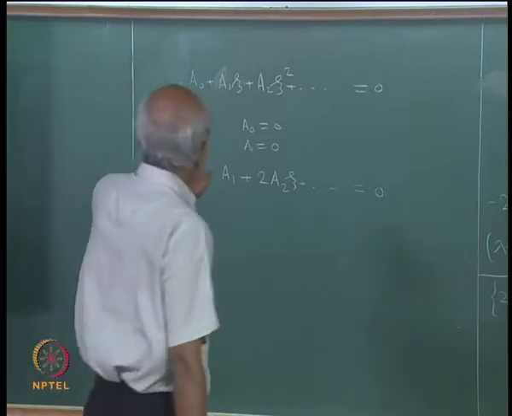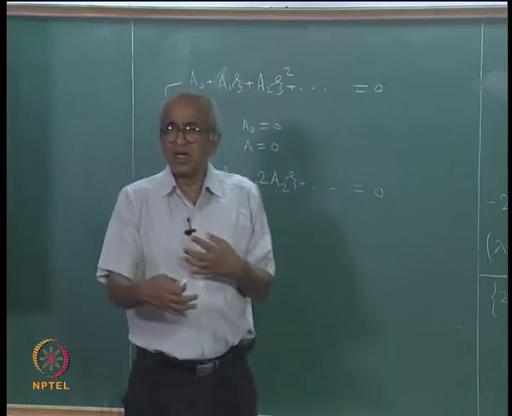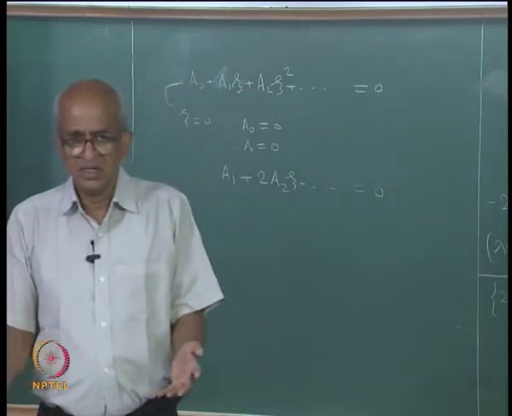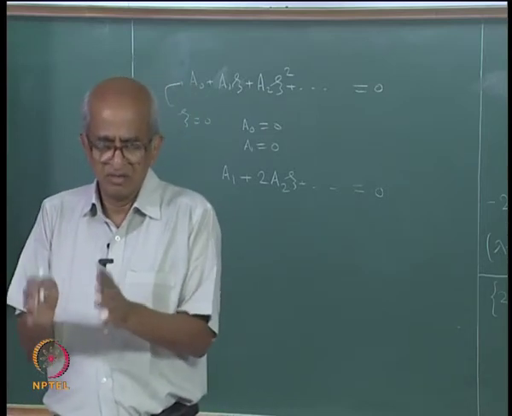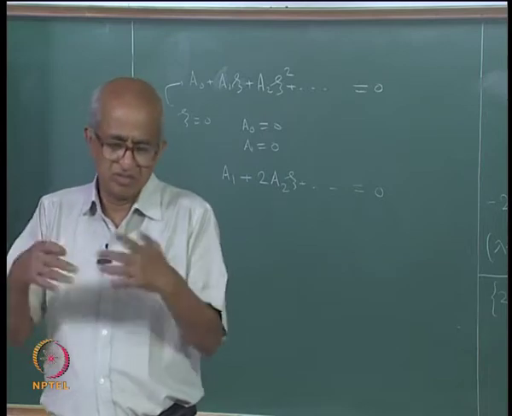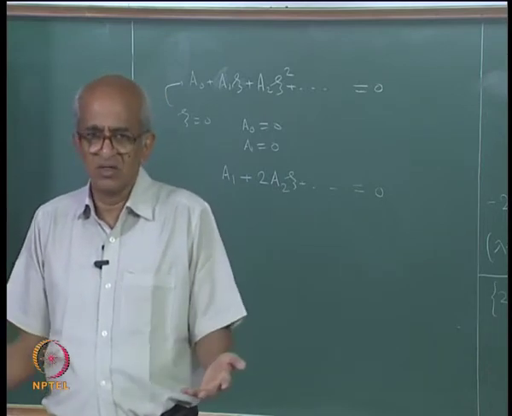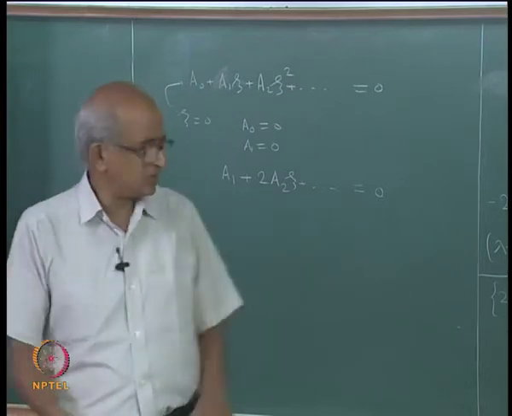So, if you have a power series that is identically equal to 0 for all values of the variable, then the only way that can happen is that each coefficient, the coefficient of c to the power of j in general, has to be equal to 0. That means a0, a1, a2, a3, a4, they are all equal to 0.